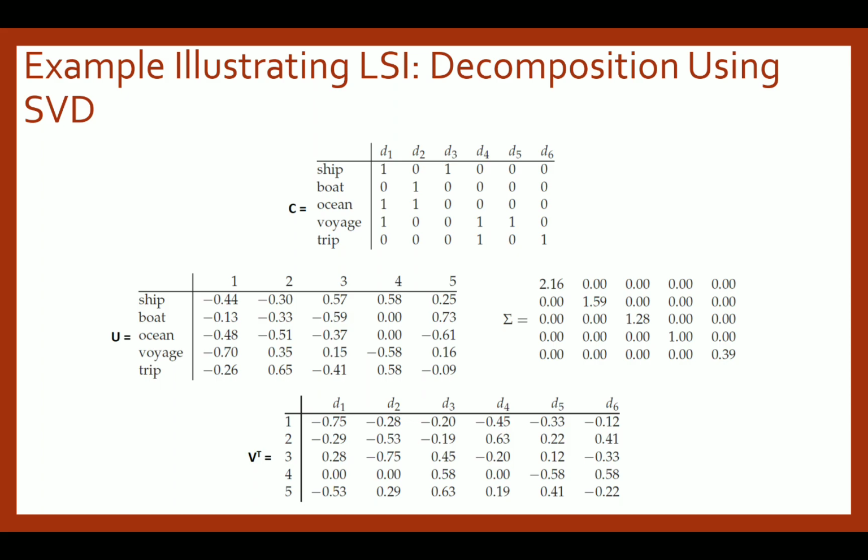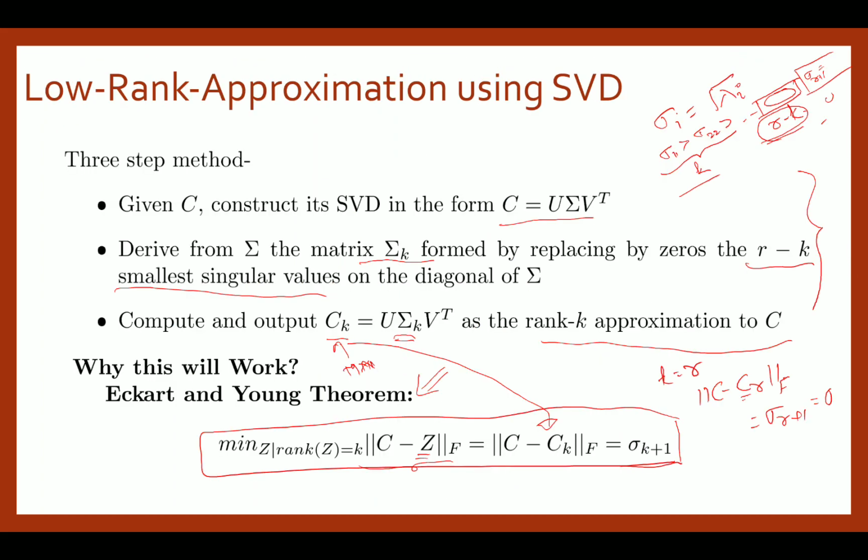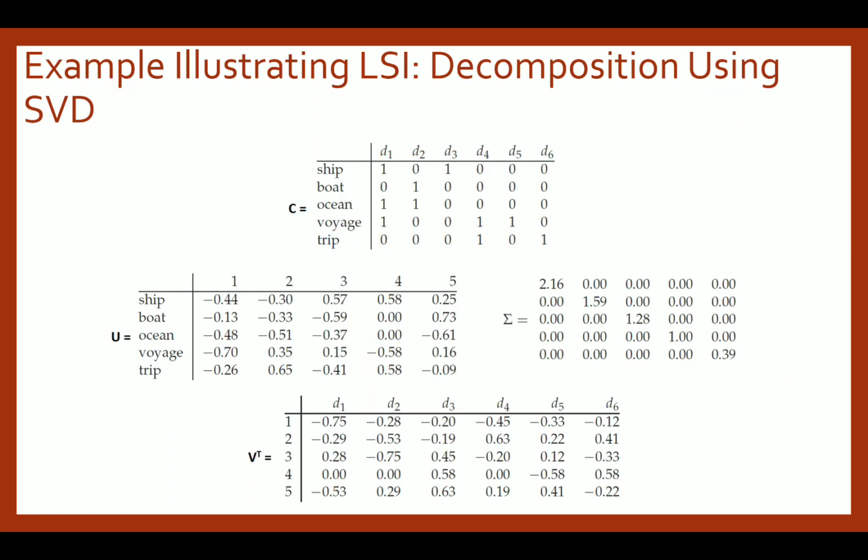Now let's try to understand how we can use whatever we have discussed as latent semantic indexing, and how it can give us the document representation or the word vector representation, in terms of, let's say, a short and dense vector representation.